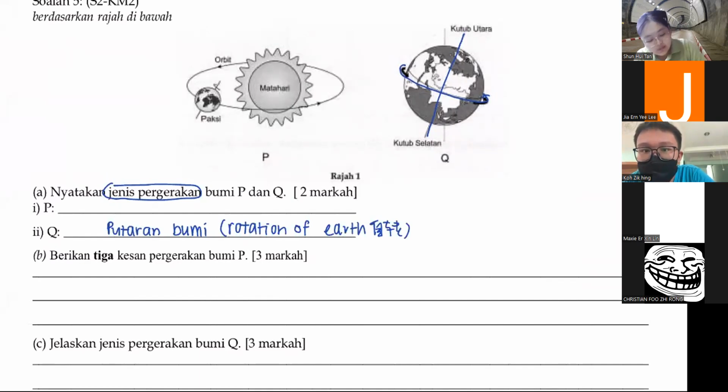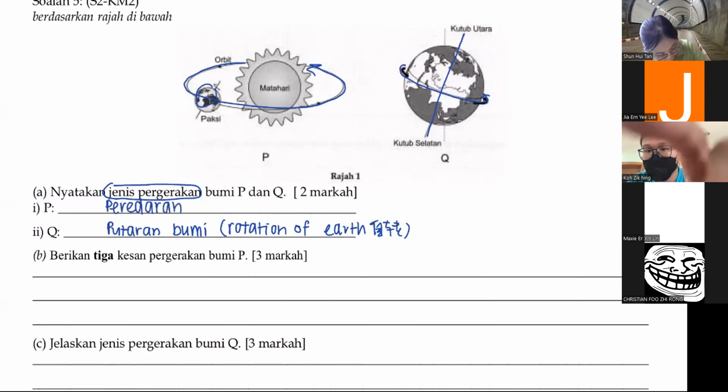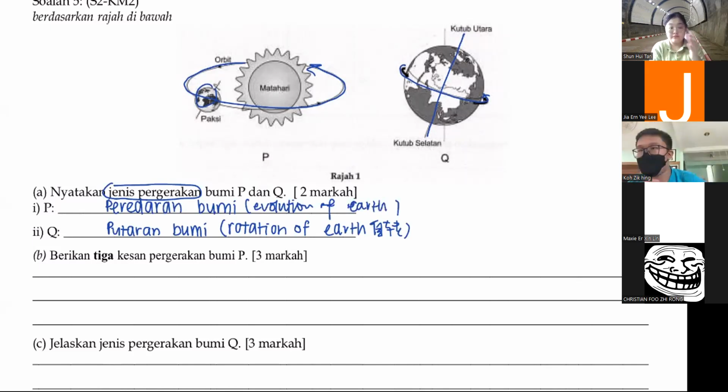Okay, now how about the one where they show you an orbit and your Earth is moving around the sun? When it moves around the sun, what do we call it? We call it peredaran bumi. Okay, revolution of Earth.